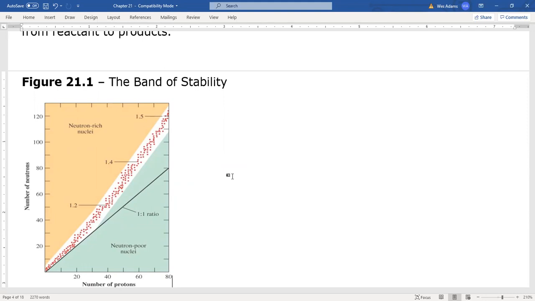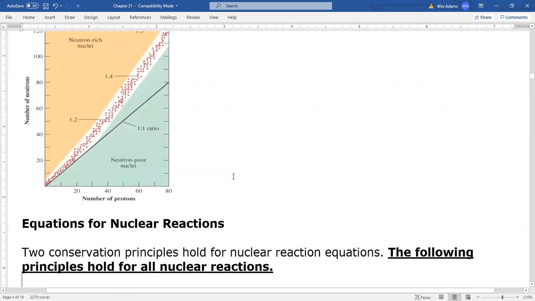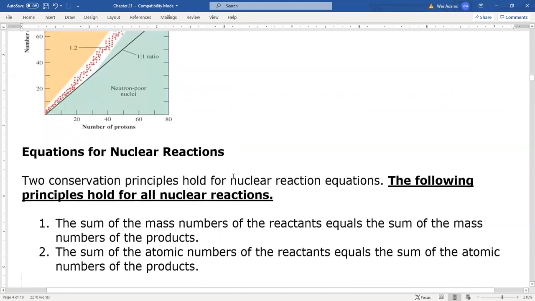So if you get too many neutrons, you're going to react in a way that's going to produce more protons, like, for example, beta. So if you look, the conservation principle is going to hold when you get these decays, the total mass is going to match up. That is the mass number A, and the sum of the atomic numbers has to match.